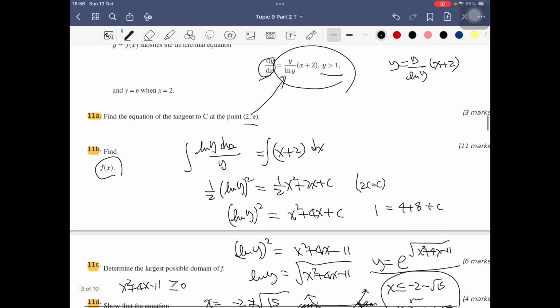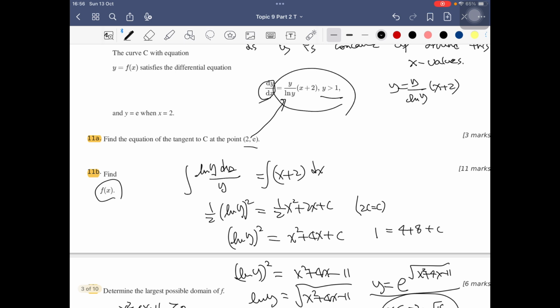Now, because y is larger than 1, we can cancel it out because it's not 0, it's guaranteed. So y ln y becomes x plus 2, so y equals e to the power of x plus 2.